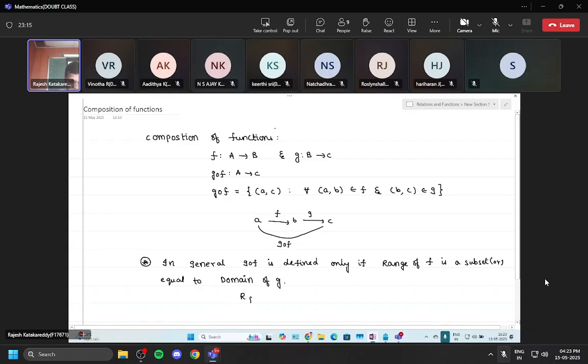Range of f is a subset of or equal to domain of g. In that case only g composition f is defined, right?